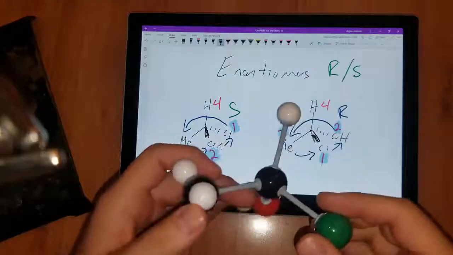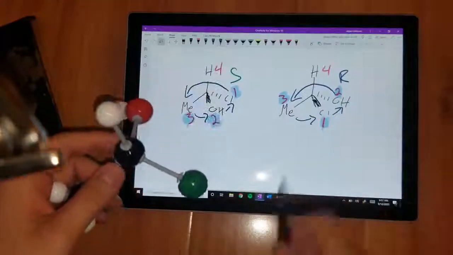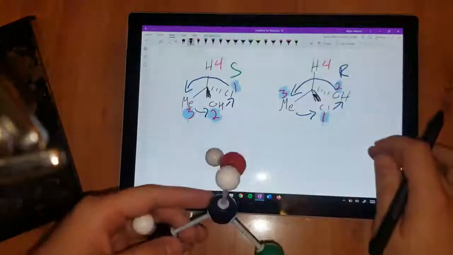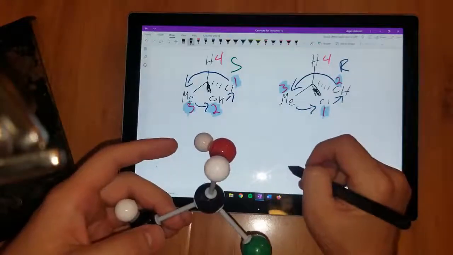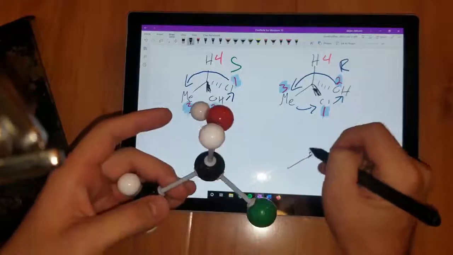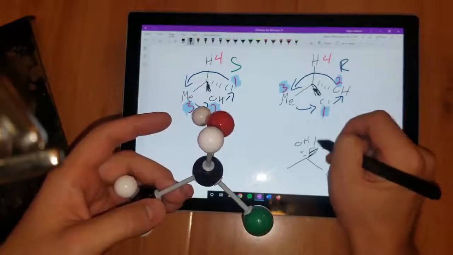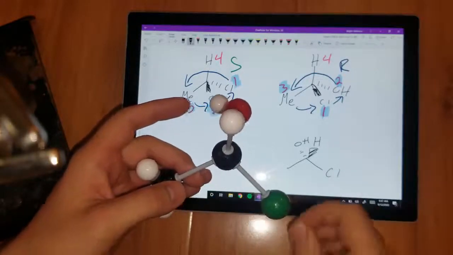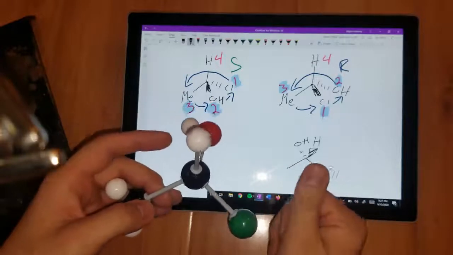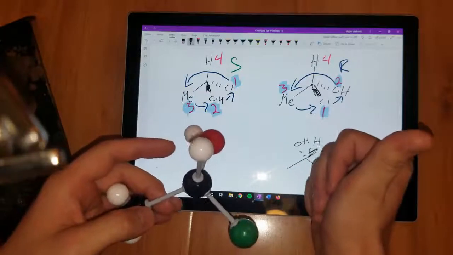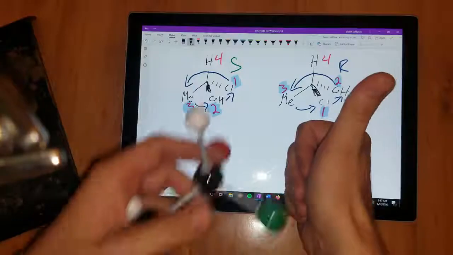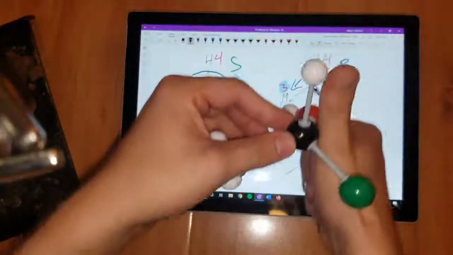And so here's just a bunch of different configurations this could be drawn in. One way you could draw this molecule is to have the hydrogen pointing out, the alcohol pointing back, and the chlorine pointing out over here. When I'm doing this, I stick my thumb to the lowest priority, so the hydrogen is coming out, my thumb goes out.